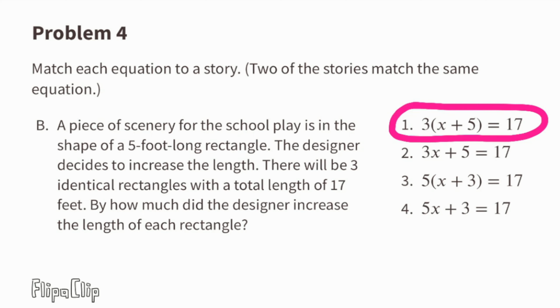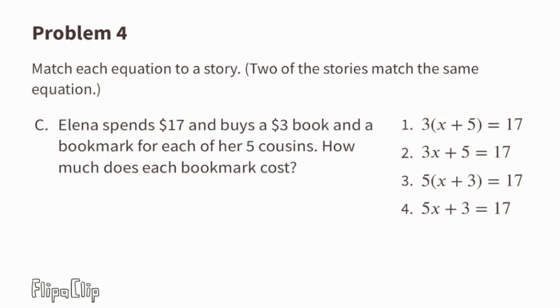3 times an unknown length added to the original 5 feet equals 17 feet, or 3 times x plus 5 equals 17. C. Elena spends $17 and buys a $3 book and a bookmark for each of her 5 cousins. How much does each bookmark cost?